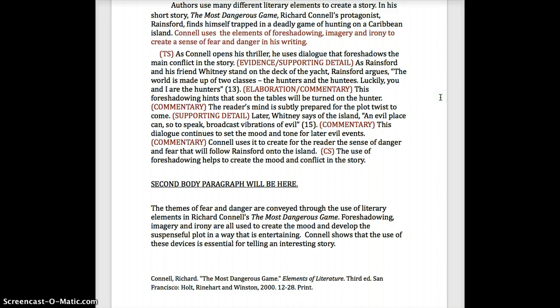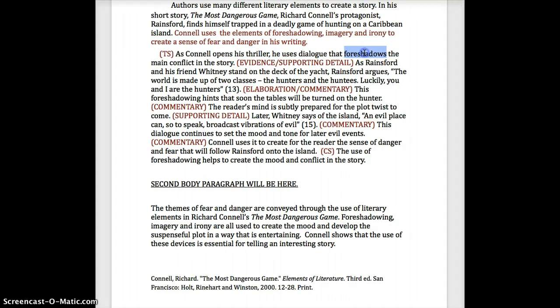The body paragraphs will follow. Each body paragraph, whether you have to write 2 or 3 body paragraphs, will follow the same type of pattern as you write them, beginning with a topic sentence, okay, which sets up what it is you're going to talk about.